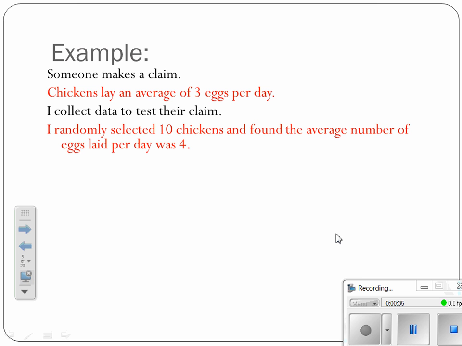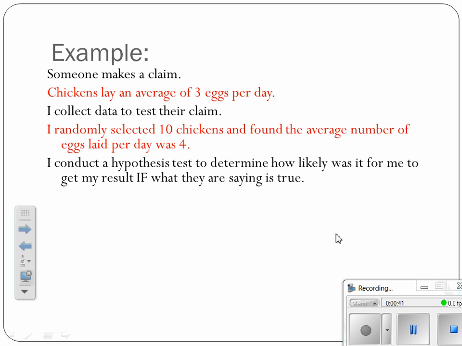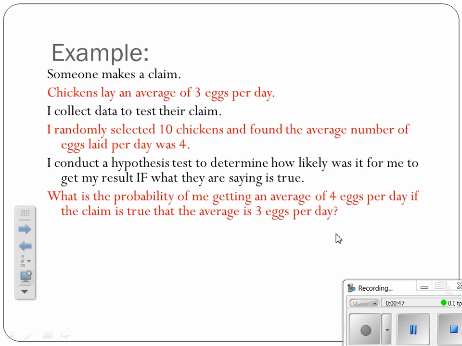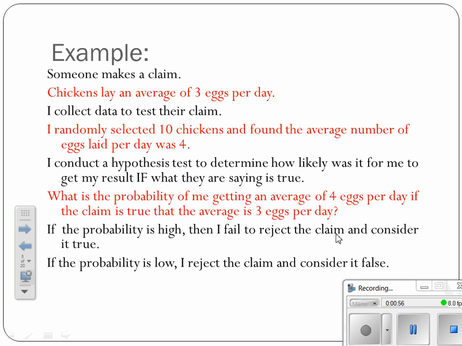Now, although this is higher than 3, we can't necessarily say that the other person is wrong, because what we need to do is determine how likely I got my results if I was supposed to get 3. In other words, what's the probability I got 4 eggs if the claim is true that chickens lay 3 per day? If that's a high probability, then I fail to reject the claim.